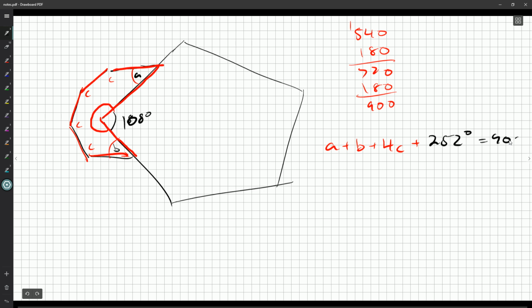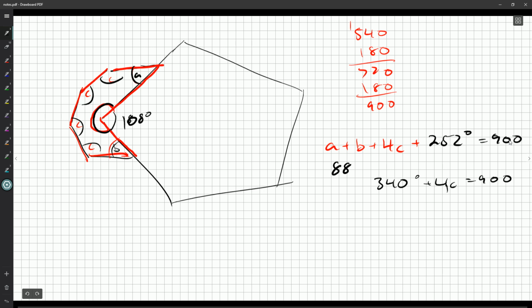And all that needs to add up to 900 because these are the interior angles of this 7-sided shape. Now, they tell us A plus B is 88. Along with the 252, the 88 makes it 340.